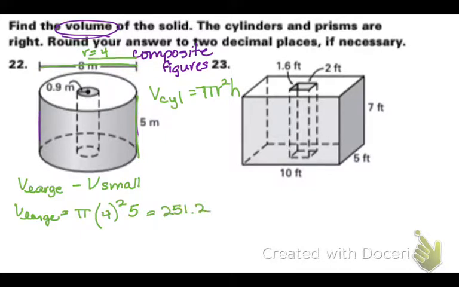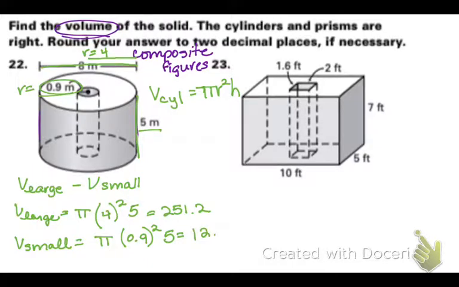Okay. Now, our small, V small, is equal to pi. Okay, our radius is given as 0.9, so we're going to square it. And then it has the same height, which is 5. So we're going to multiply all that together, and we're going to come up with 12.717.